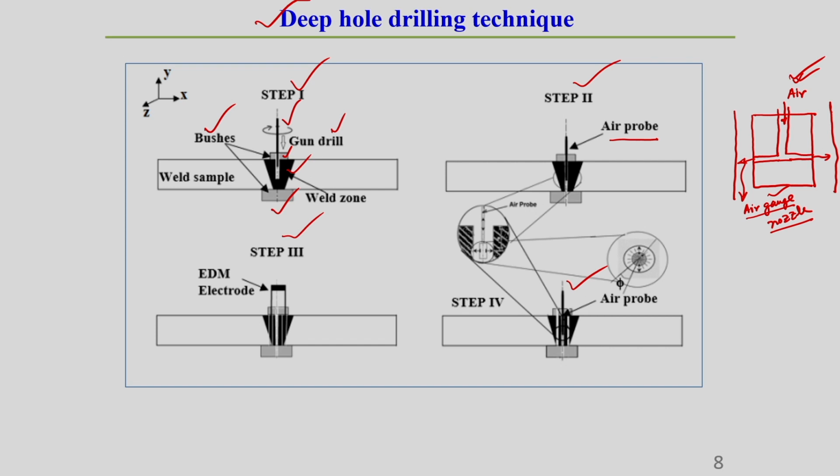After that, we have to do the trepanning operation, that means we make a bore using trepanning operation and extract this specimen from there. So, in the third step we do the trepanning operation by an especially designed tool, cut using an EDM electrode, that means a hollow cutting tool.